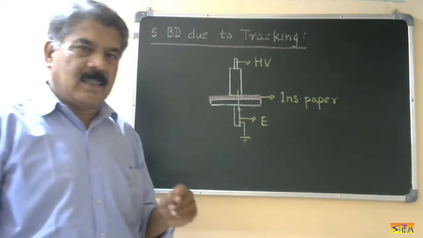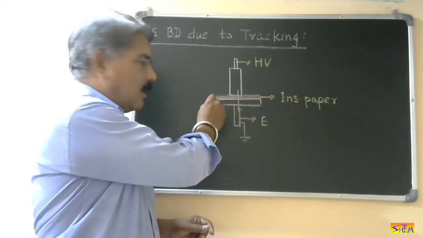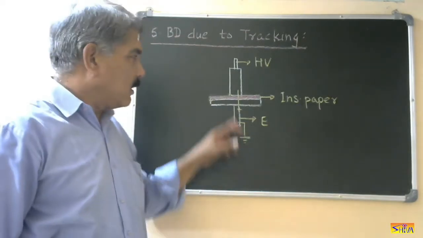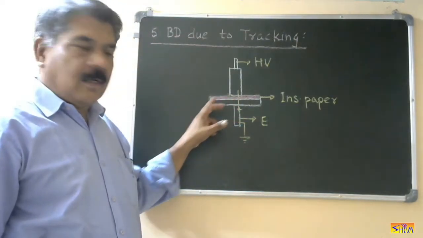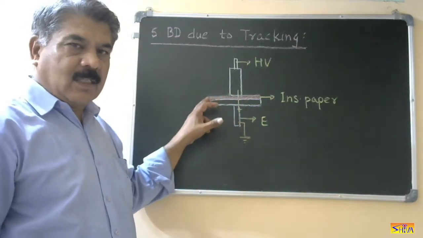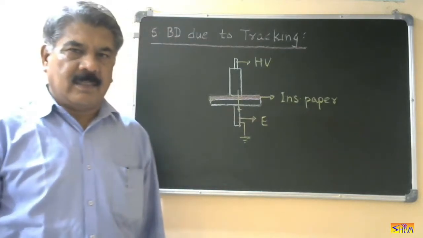Creepage distance is the distance between the high voltage point and the earth point over the surface of the insulation. So from this point up to this point, if we measure the distance over the surface of the insulation, that is called creepage distance.